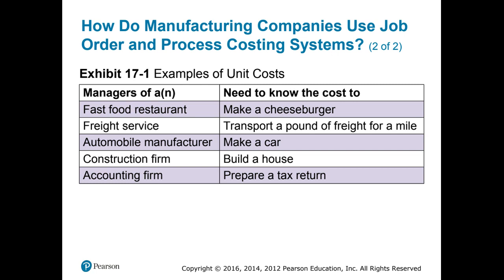And it's not just the bread and the meat and the cheese. They also have to add in the cost of the cookware. Little portions of all of that are included in this cost.